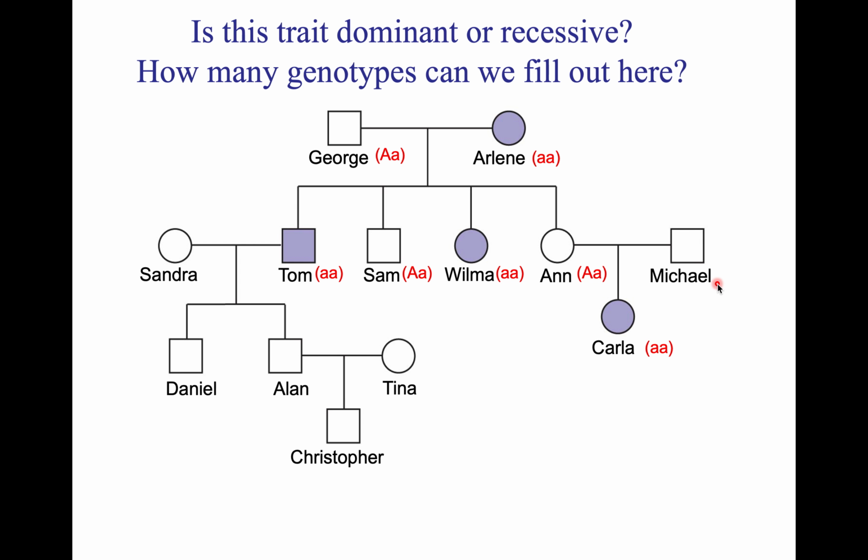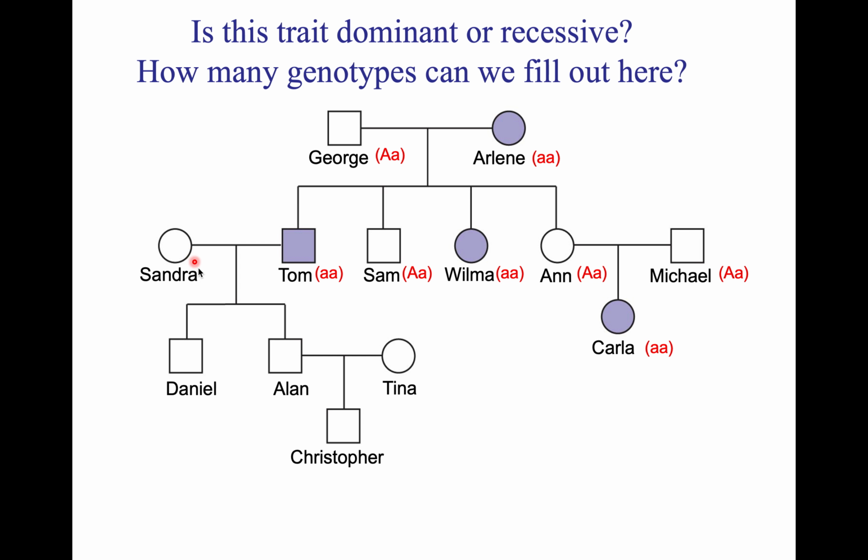We don't have a whole lot of information about his genetics, but we should be able to deduce, based off the fact that Anne and Michael had an affected daughter, Carla, here, who's homozygous recessive, that he also had to be heterozygous. Okay. So in this case, Carla got little a from mom and dad.